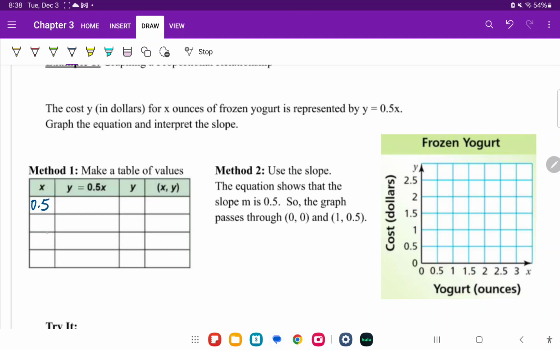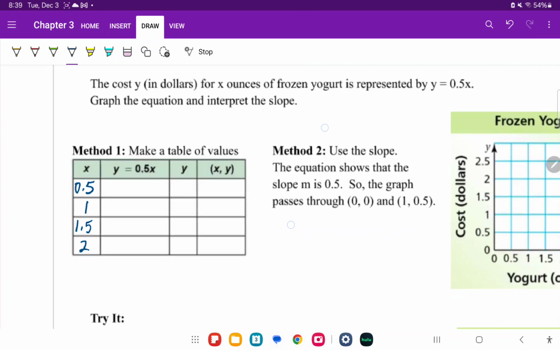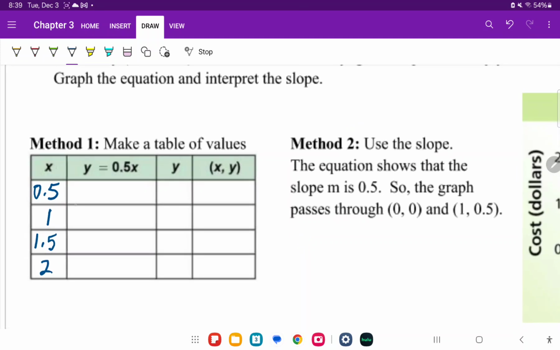So let's choose 0.5, and let's choose 1. We'll choose 1.5, and we'll choose 2. Okay? Then we will put that into the formula. So y will equal 0.5 times another 0.5. If you don't have your calculator, go over there and get it.